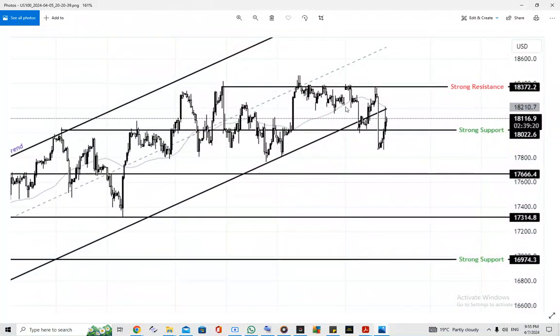As you can see, I did adjust it because even though this level at 18,333 was still resistance, the market did reach the levels which is just right around 370, 380, 90, those levels. So the market did respect the strong resistance.